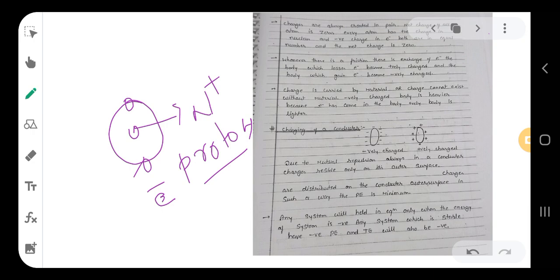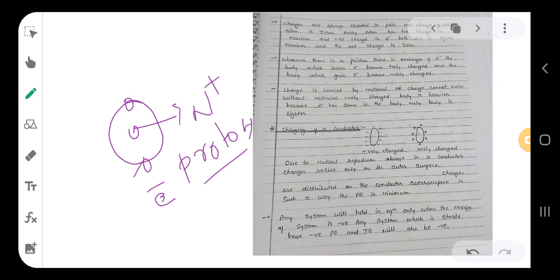Now let us see the methods of electrification, that is, charging of a conductor. Here you can see a negatively charged body and a positively charged body. Due to mutual repulsion, in a conductor, charges reside only on the outer surface.